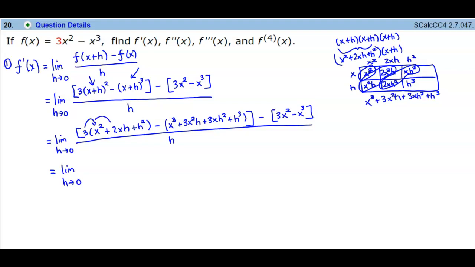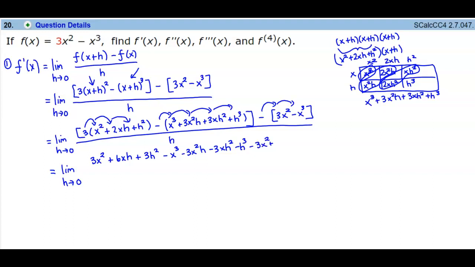So in the numerator, we're going to distribute the 3, and we get 3x squared plus 6xh plus 3h squared, minus x, and distribute the minus to all 4 of those terms. So we get minus x cubed minus 3x squared h minus 3xh squared minus h cubed. And let's distribute that minus sign, which is minus 3x squared plus x cubed, and then divide that entire thing by h.